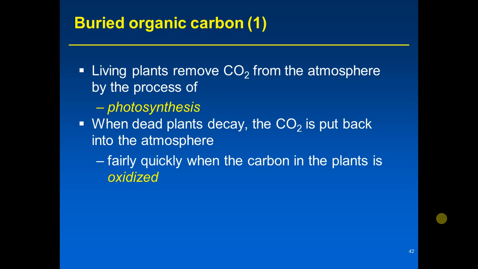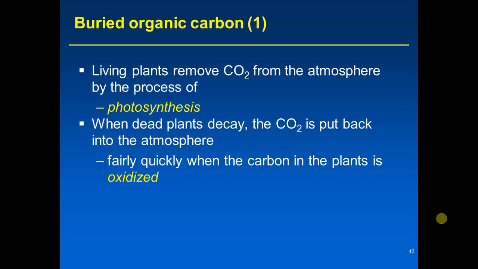It happens fairly quickly when the carbon in the plants is oxidized, which means that the carbon in the plants combines with oxygen in the atmosphere to produce carbon dioxide. Okay, the plants during respiration do not directly release carbon dioxide from themselves. They release carbon, and then the carbon combines with the oxygen in the atmosphere to produce carbon dioxide.